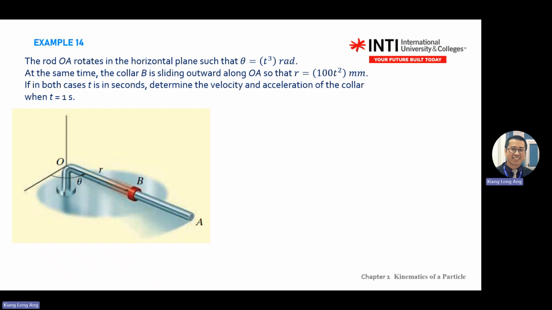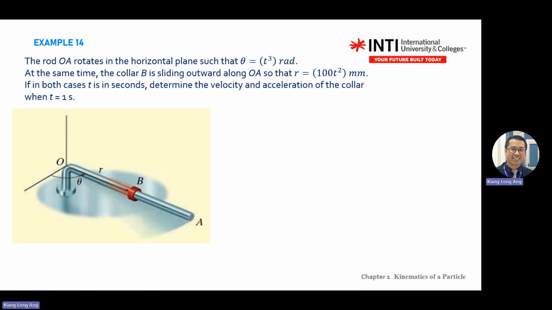So 360 degree equal to 2 pi radian. So you have to do conversion if you're given the degree angle. In the same time, collar B is sliding outwards. As you swing this one, because of momentum or inertia, this ring will move outside.